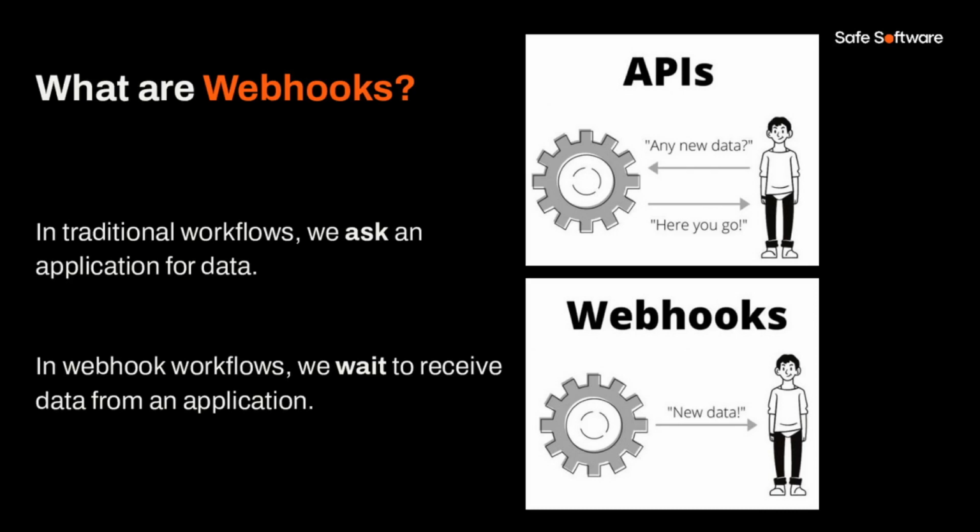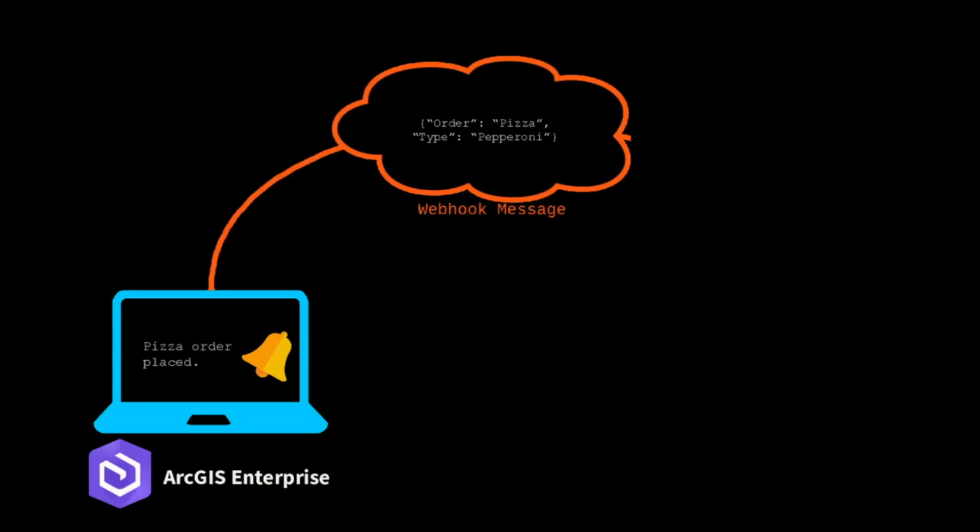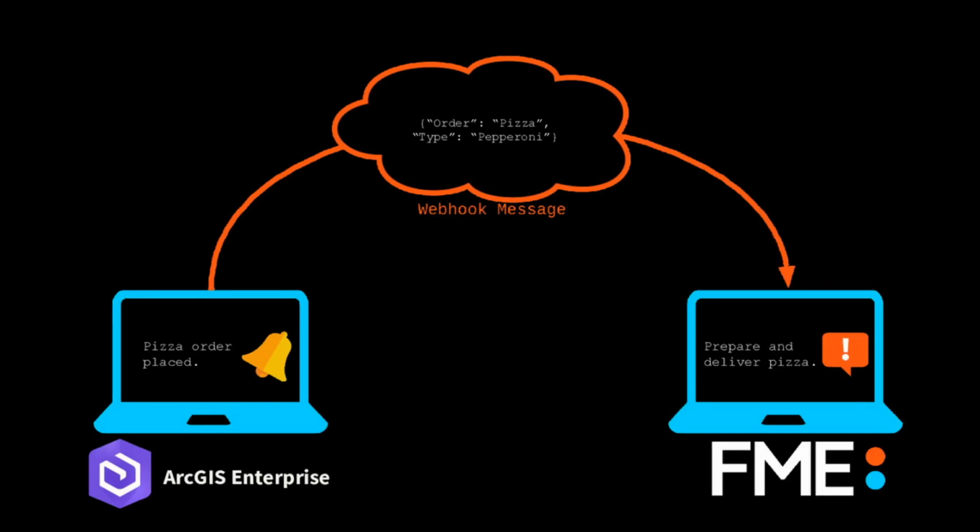This means less overhead for both sides. So we no longer have to ask, and that application on the other side no longer has to answer each time. So when an event takes place on one application, a message is pushed out about that event, and FME receives that message and responds with a workflow.